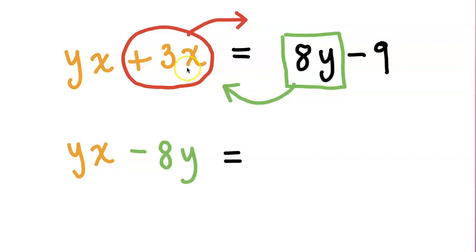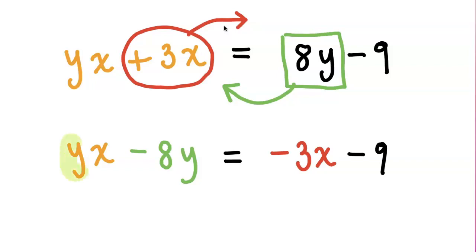Now, here comes this 3x from the left side, but it was positive when it was on the left side. So if I move it, that now turns into negative 3x. And you just have to bring this -9 down. Okay, and what was all that? I did it so that I can gather all the x's, I'm sorry, not x, y's to the left side.